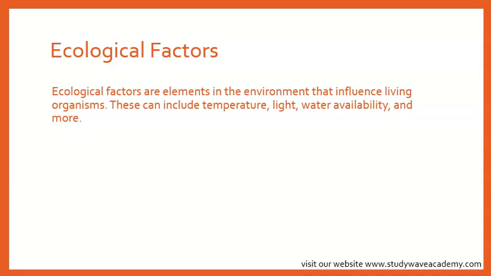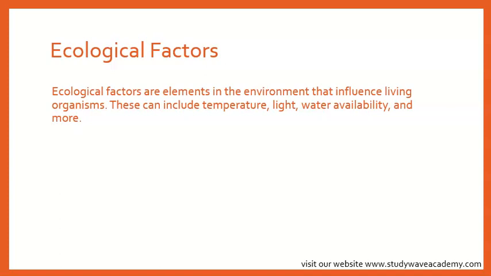This includes sunlight. How much sun an area gets affects plants and animals. Water. How much water is available is crucial for life. Temperature. How hot or cold it is influences where different creatures can live.